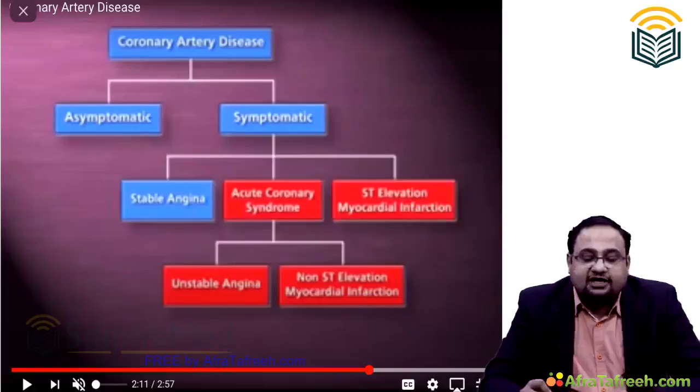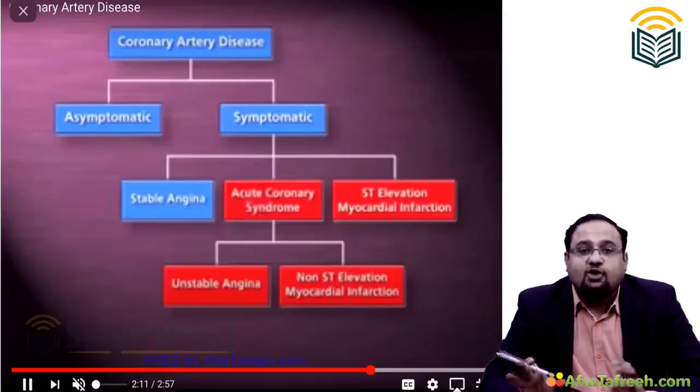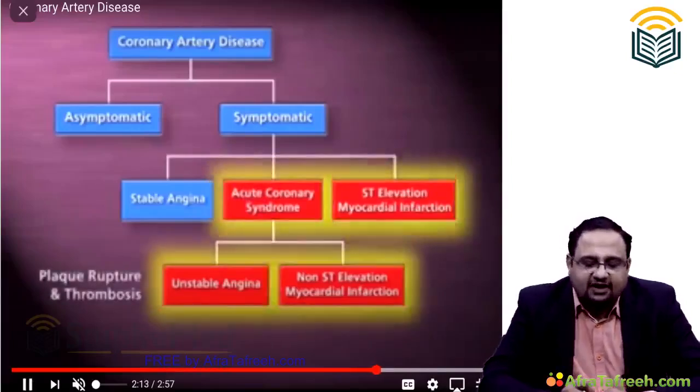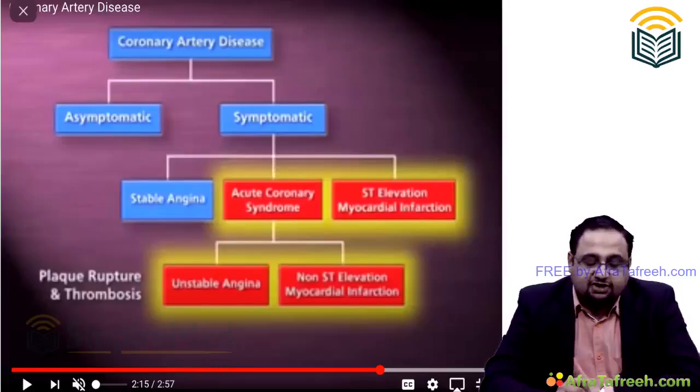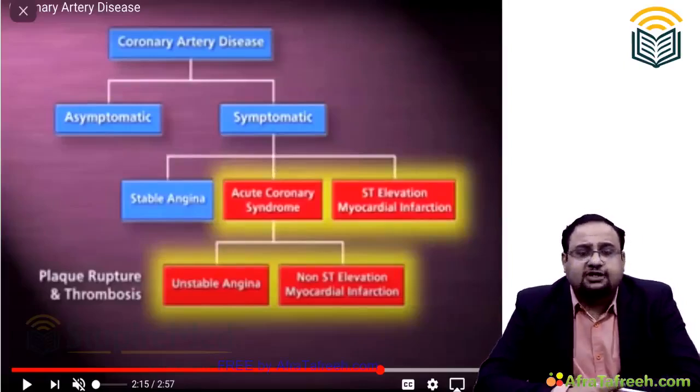If the blockage is more than 95% to 100%, then you will have ST segment elevation myocardial infarction. Remember, acute coronary syndrome is because of acute plaque rupture and acute thrombosis, which is shown here. Is that clear, friends? This is a very, very important concept that one should understand about coronary artery disease.